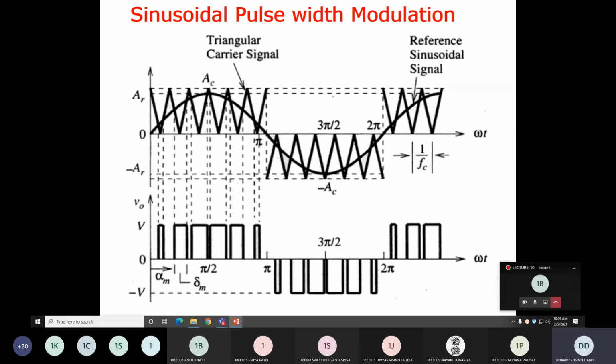But that is not possible practically at all. It is never possible that you get a pure sine wave at the output of the inverter, even if you use a filter circuit, because it is not possible to remove all the harmonics from your output. But it is possible to reduce the harmonic content in your output by some technique.